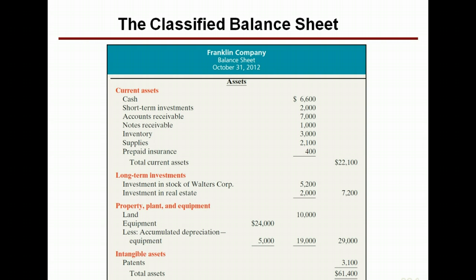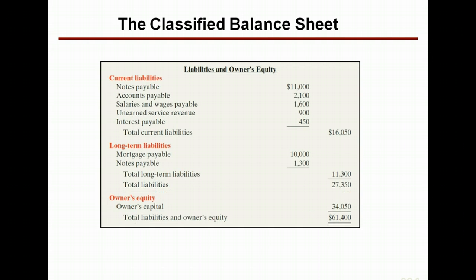So, total assets, $61,400, still needs to equal liabilities and owner's equity. Let's move forward, though, and talk a little bit about what those might look like. We have our current liabilities, and your author has a convention of putting notes payable first, and the rest of the liabilities put in the order of their maturity date, or when they expect it to be paid.